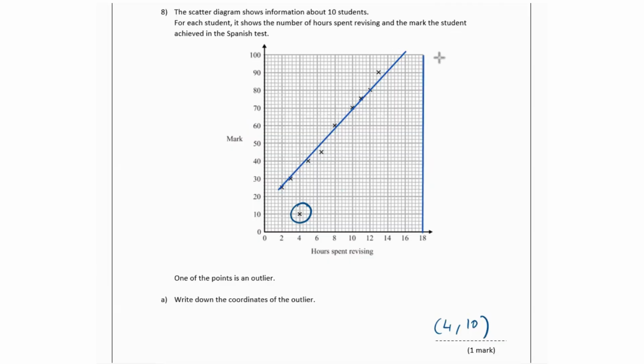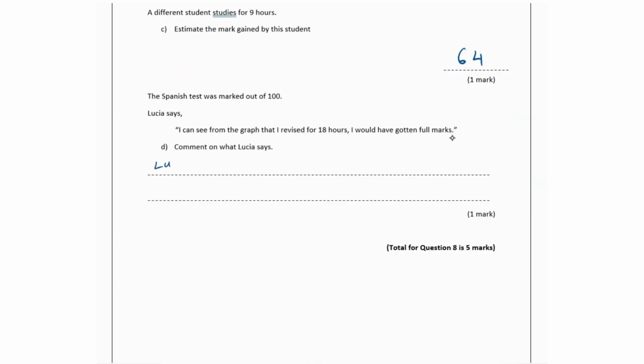So that's not coming on the line based on the given grade. So Lucia is wrong because her value is outside the given range.